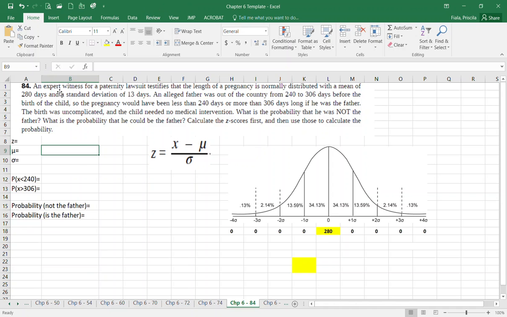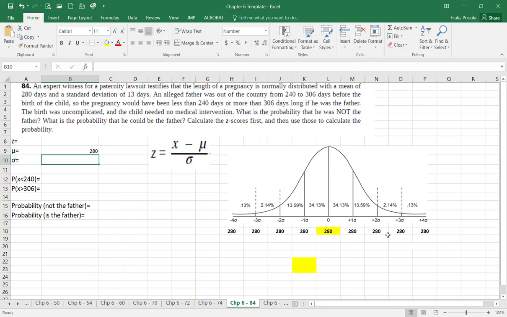Right here is talking about a lawsuit about a pregnancy, where they are trying to determine whether this man is the father or not. It says that the length of a pregnancy in general is normally distributed. So it's talking about our curve with a mean of 280 days right here.